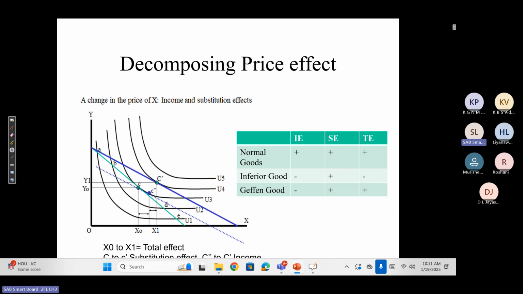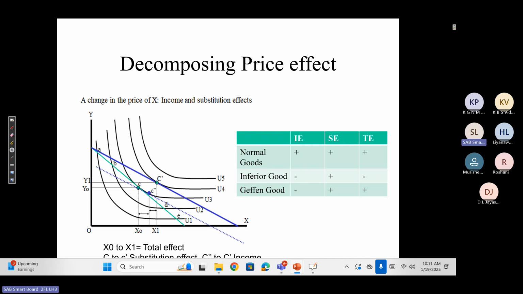That means we are shifting the budget line until it is tangent to the original indifference curve, which is explained by this dotted line. So what is the tangent point? C double prime is the tangent point. That means we remove the income effect, shifting the budget line to the left.